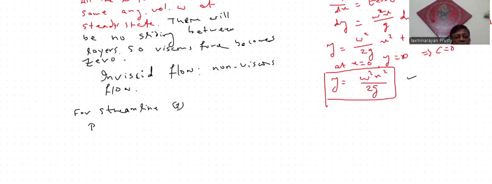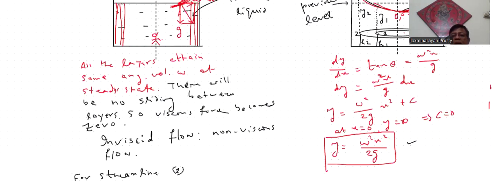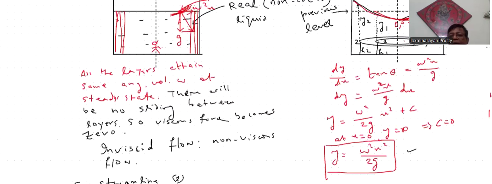P1 by rho plus V1 square by 2 plus G into H1 is C1. Again, I'm telling you, I'm taking the two streamlines in the same horizontal plane. That means H1 and H2 are equal. Okay. But for streamline 1, it is H1, and for streamline 2, it is H2.